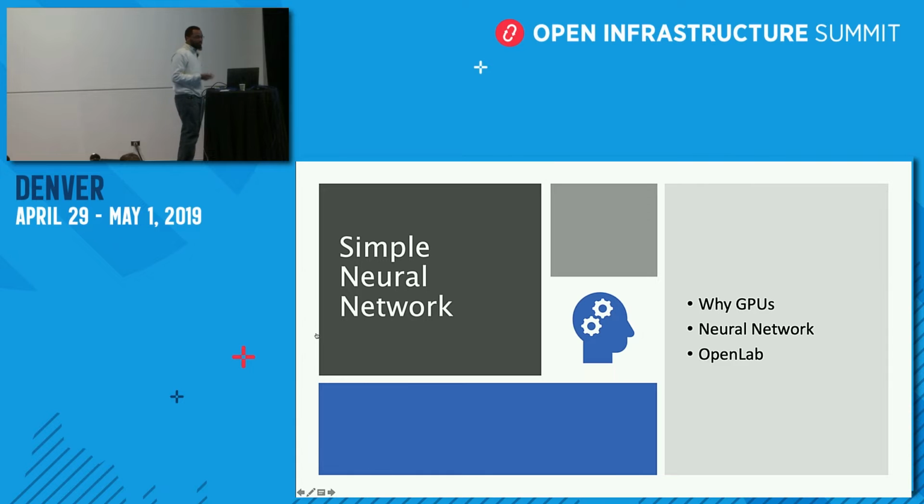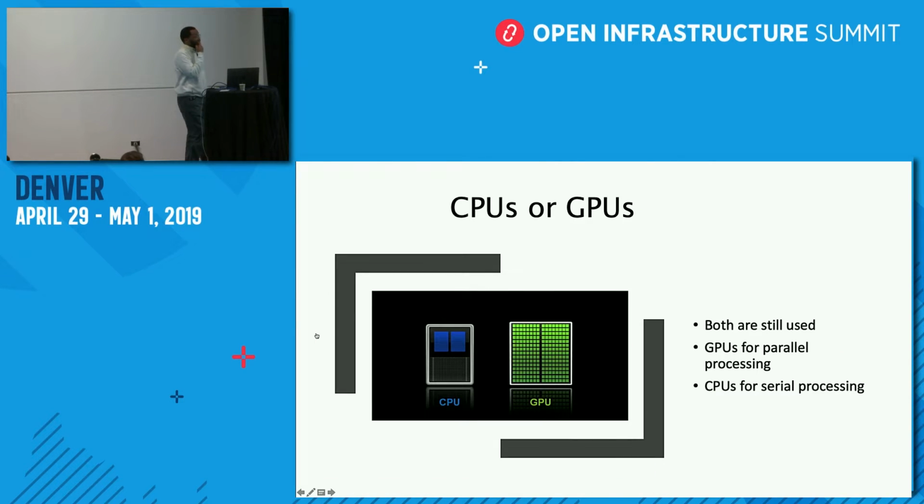All right, so neural networks. OpenLab is really why we're here, so I'll touch on neural networks. I'm hoping that y'all know about these, because I'm not going to get deep into it. But essentially, you have CPUs or GPUs. Both are still used.